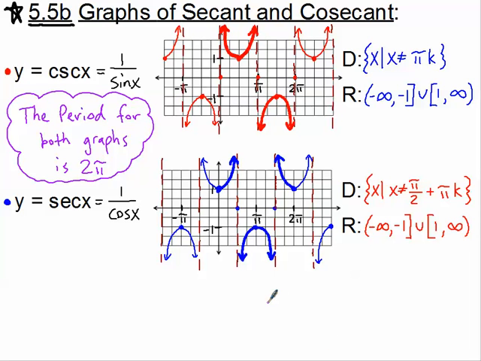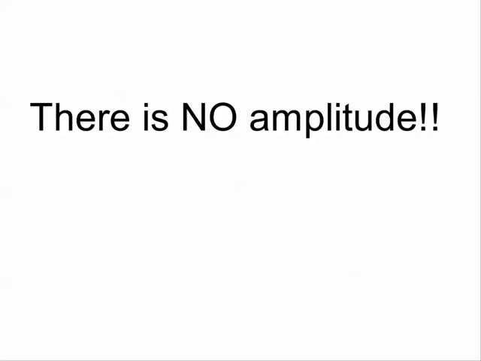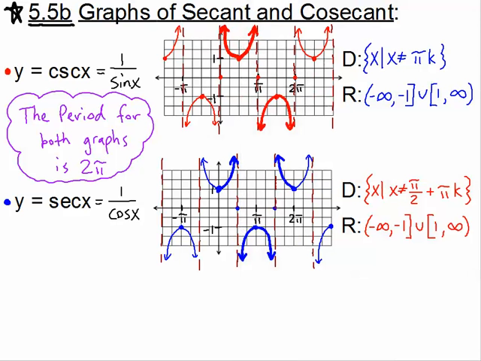I have one last little note about amplitude. And yeah, that's a very big note. Once again, it does not make sense to talk about amplitude with the secants and the cosecants. Amplitude is the measure of a height, and since these graphs are infinitely tall already, it does not make sense to talk about amplitude.